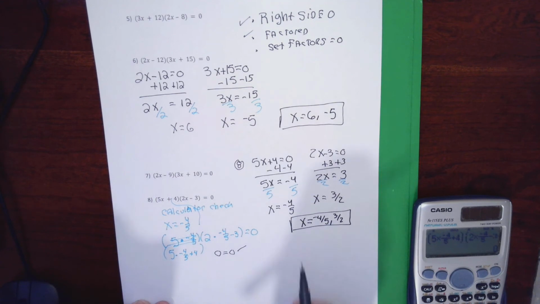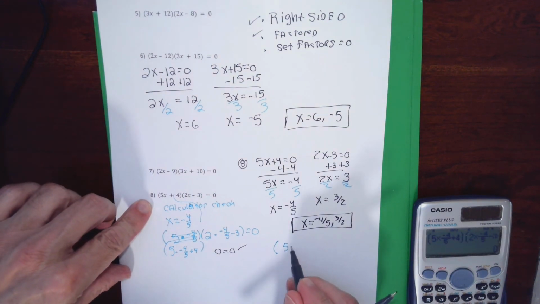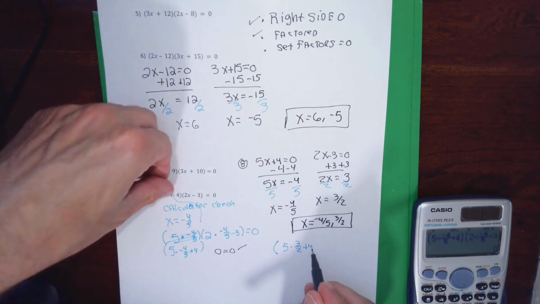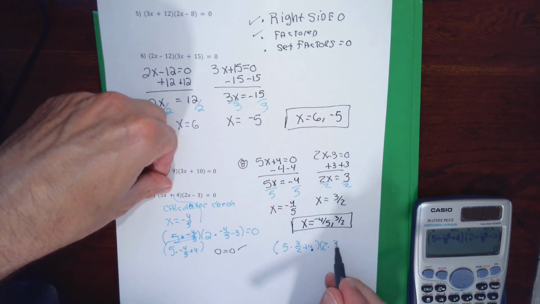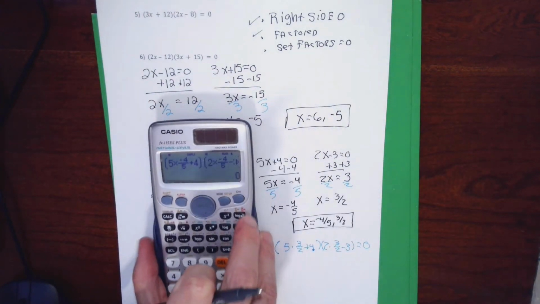And now I'll do the same for 3/2. For 3/2, I'll see if 5 times 3/2 plus 4, changing that x to 3/2, times 2 times 3/2 minus 3, see if that results to 0. And it will if I don't make an error here.